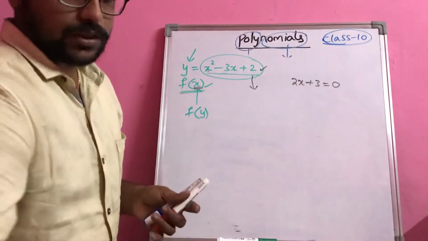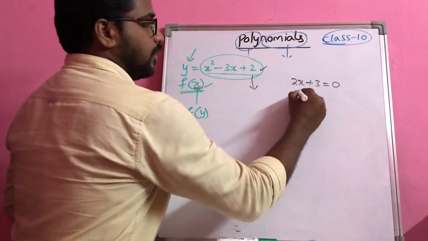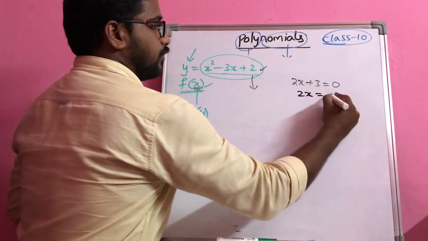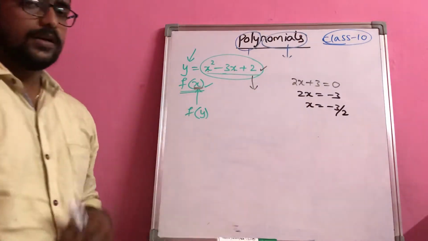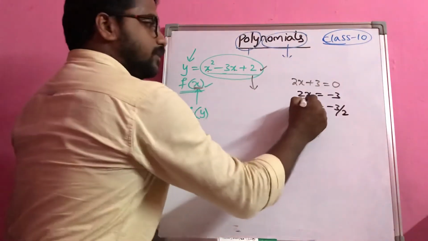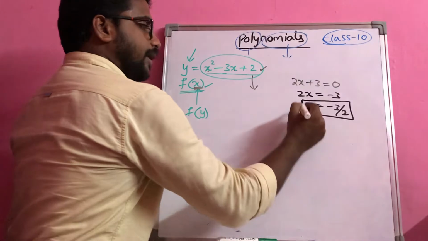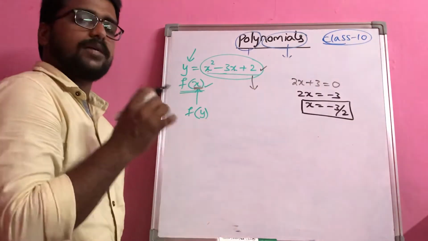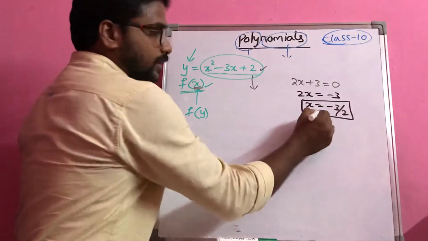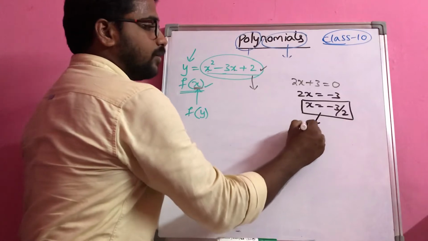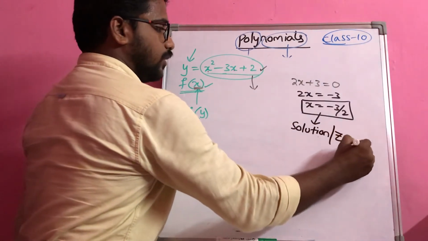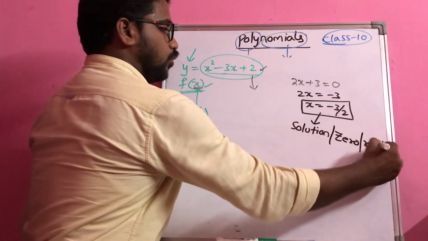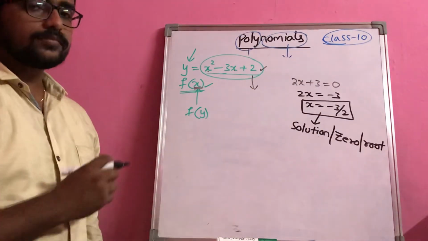Whereas if you simplify this equation, you will be getting 2x is equal to minus 3 and x is equal to minus 3 by 2. So that means if you simplify this equation, I am ending up with some value of x as minus 3 by 2, and this x is equal to minus 3 by 2 is called as a solution or 0 or root of this equation.